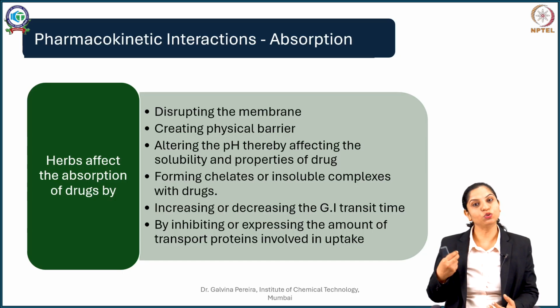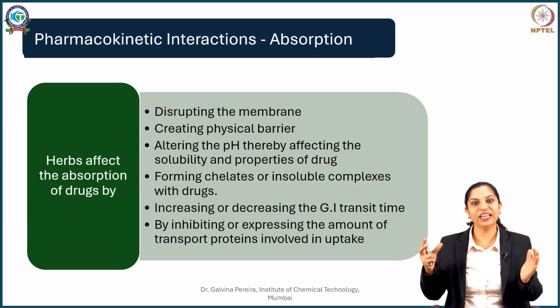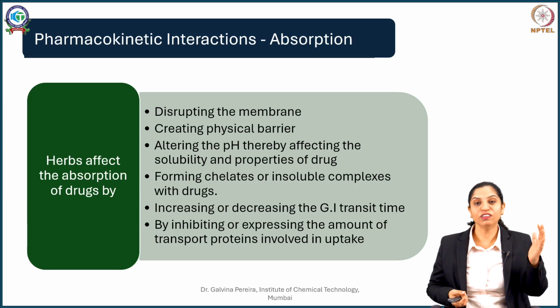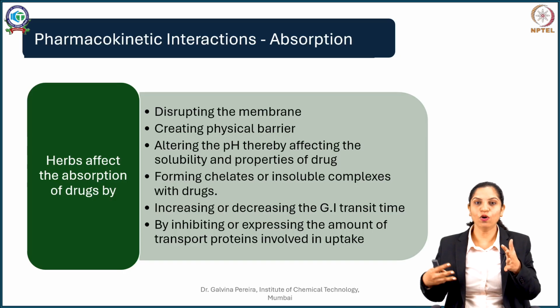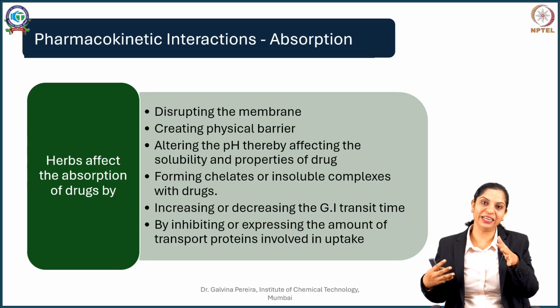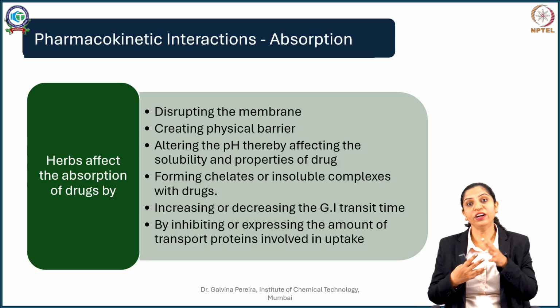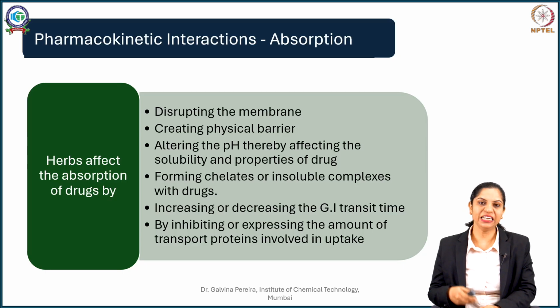When these mucilaginous or polymeric drugs swell in our stomach, they form a carbohydrate layer on your stomach lining. This carbohydrate mesh doesn't let your drug go through, and that is the reason this physical barrier alters the absorption of the drug.